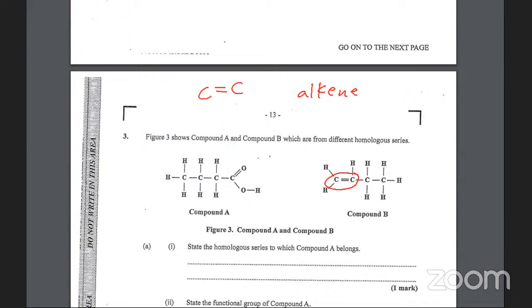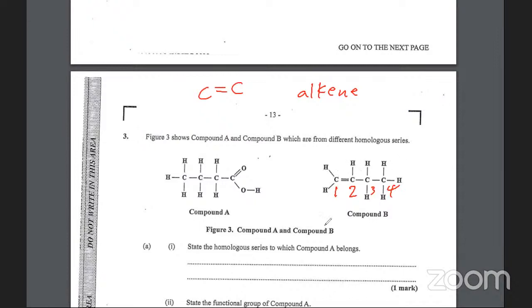The name of it: 4 carbons. It is butene, but the double bond is between carbons 1 and 2. You start counting from the end closest to the double bond.